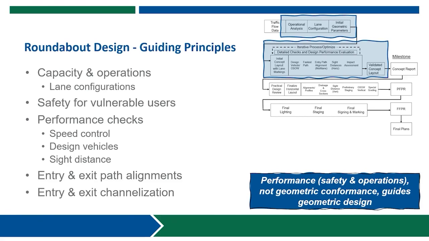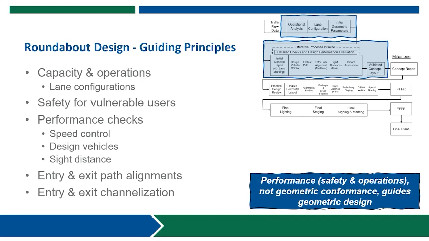The initial selection of the roundabout size as well as the position and approach alignments play a large role in achieving these high level core principles: capacity and lane configuration. How many lanes do we need? Safety for vulnerable users. Do we have room for sidewalks or shared use paths around the perimeter of the roundabout?